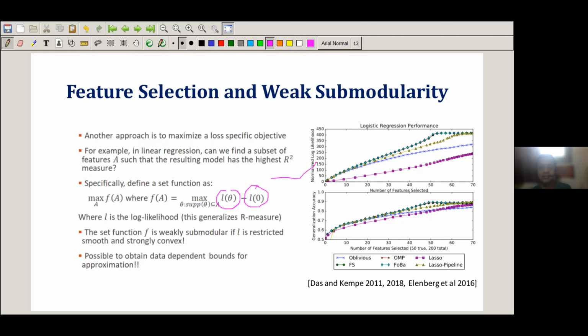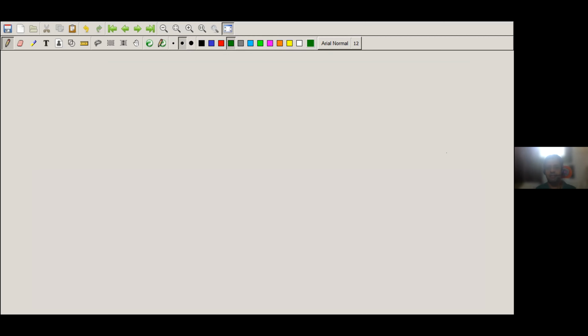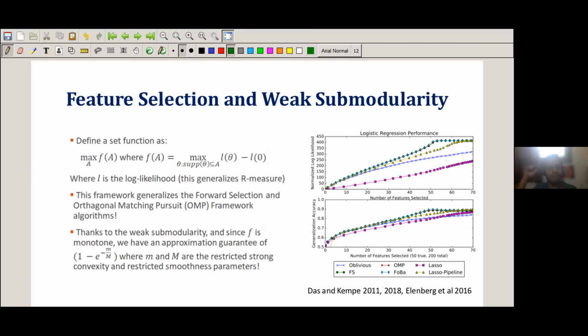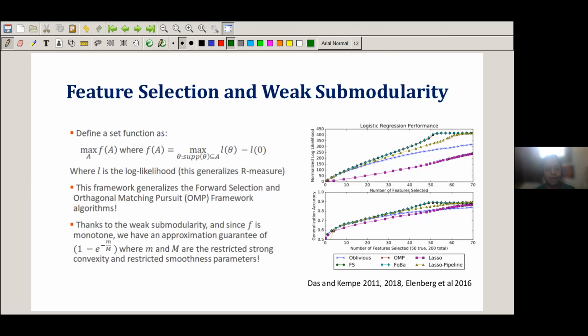As you can see, in terms of accuracy, the feature selection based approaches lead to generally higher likelihood. You can see the ones in green here, they are leading to higher likelihood relatively than those which are oblivious. And not only that, if you have weak submodularity, you can get approximation guarantees as well.